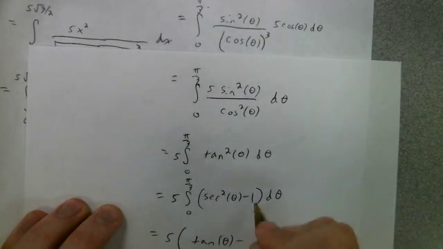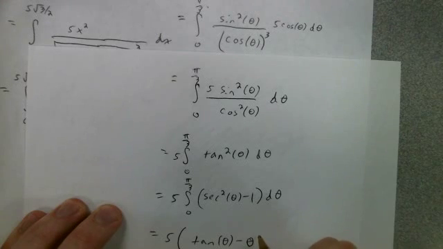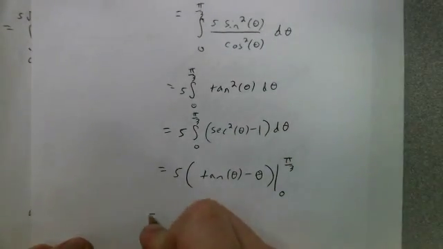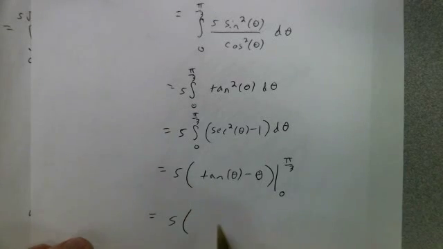So I want an antiderivative of secant squared. Tangent theta. Antiderivative of 1 is theta. Now I want to plug in 0 and pi over 3. So plug in pi over 3 and subtract. Tangent of pi over 3 will be root 3. I replace theta with pi over 3.